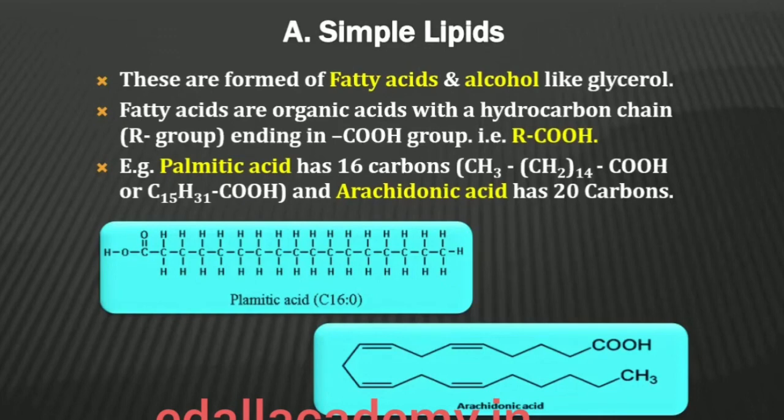Palmitic acid has 16 carbons including the carboxyl carbon. In lipids, the number of oxygen atoms is always less than the number of carbon atoms. Unsaturated fatty acids have one or more double bonds in their carbon chain. Arachidonic acid has 20 carbon atoms including the carboxyl carbon.